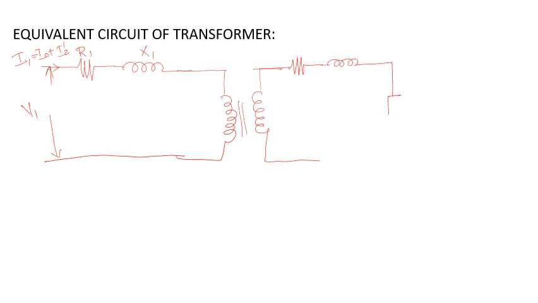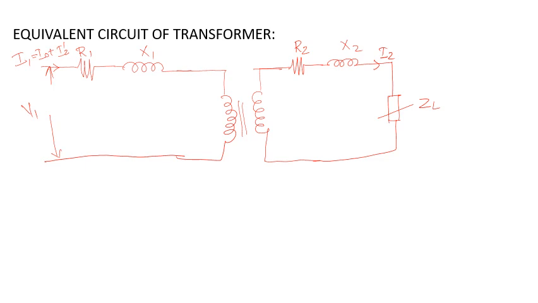And normally the secondary side is connected to the load, so I can represent the load impedance as ZL here. I2 is the load current which is flowing through the load or the secondary side when the secondary is loaded.